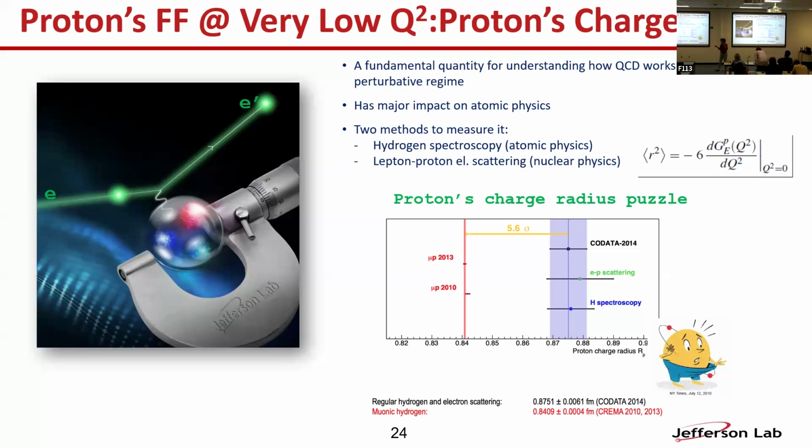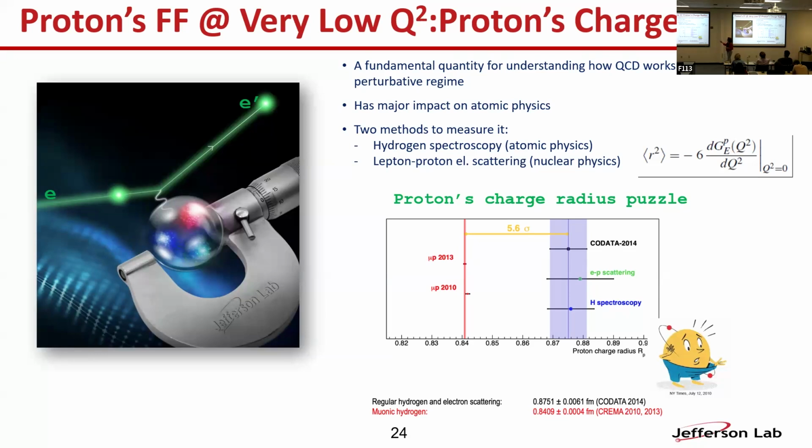We have two methods: either the spectroscopy method, so atomic physics, where you measure the Lamb shift, or electron scattering, because in electron scattering the mean square radius is given by this expression.